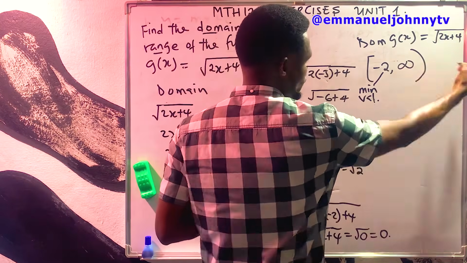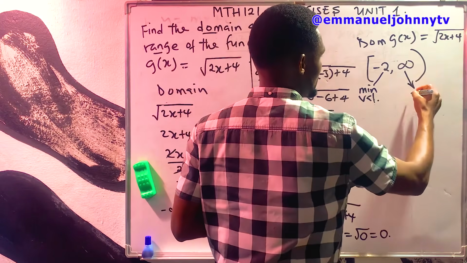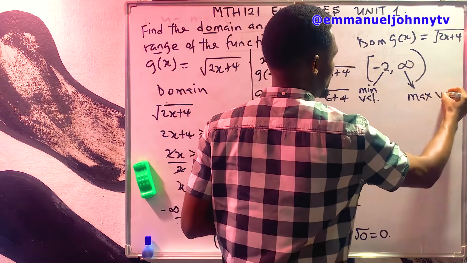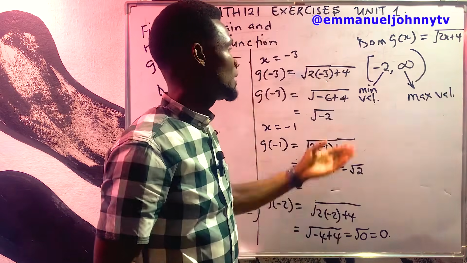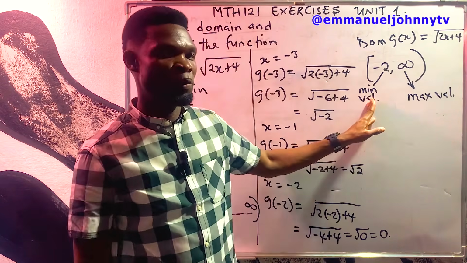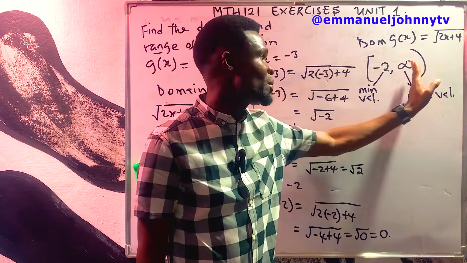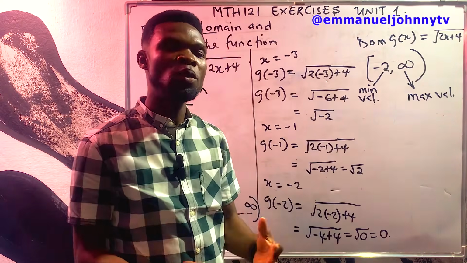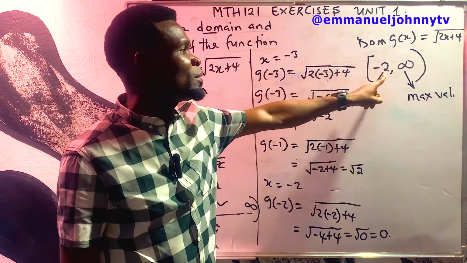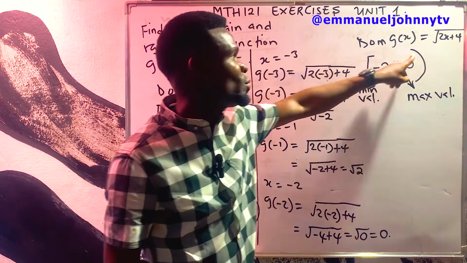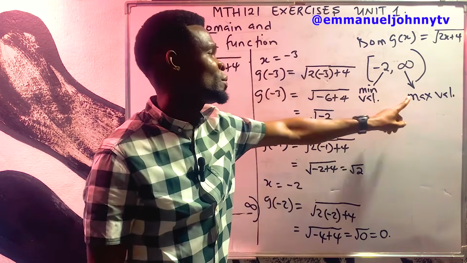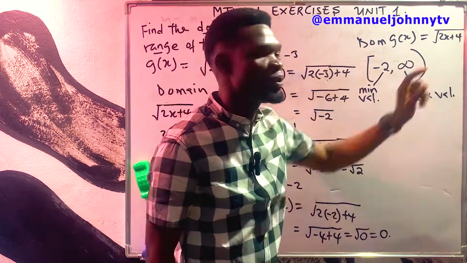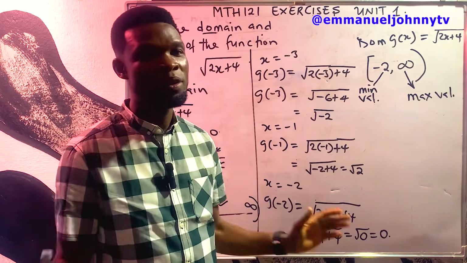Then the last extreme number here is the maximum value. So this is the minimum value of the function and this is the maximum value of the function. So what do you do? You substitute the minimum value into the function and also substitute the maximum value into the function. I hope that's pretty cool.